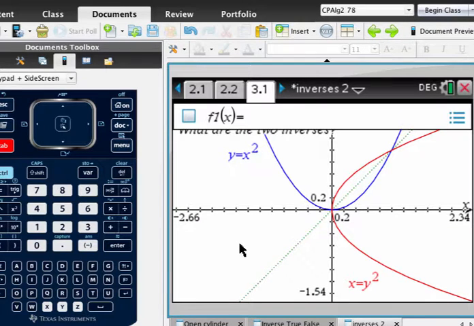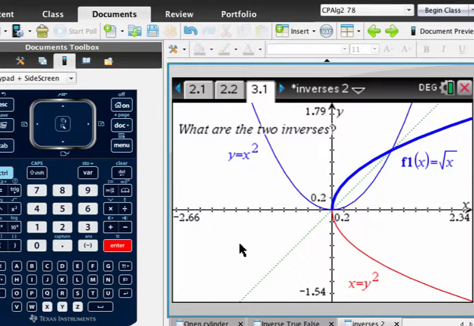Again, I will challenge you. I'm going to put this in and say, hey, that's the piece that I want for this graph. Now, what would be the matching piece for this graph?